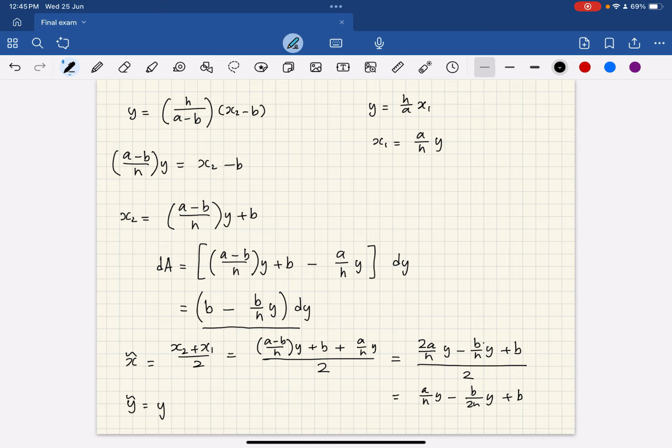And then when we added these two together, a minus bh y plus b plus a plus h. So a over hy plus a over hy becomes 2 over hy, and then minus b over hy plus b. Okay, over 2. And divide this by 2, so times it by a half becomes a over hy minus b over 2a.